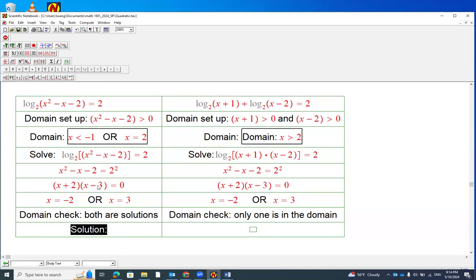The solutions: the solution for the first one is that, and the solution for the other one is only x equals 3.